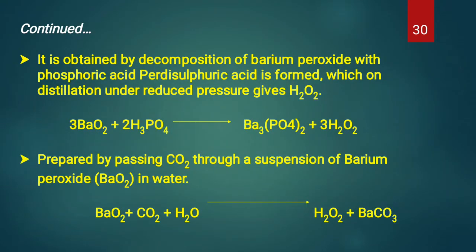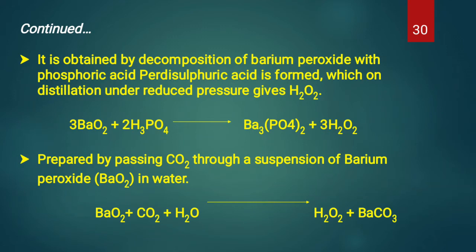It is obtained by the decomposition of barium peroxide with phosphoric acid, whereby per-disulfuric acid is formed, which on distillation under reduced pressure gives hydrogen peroxide.